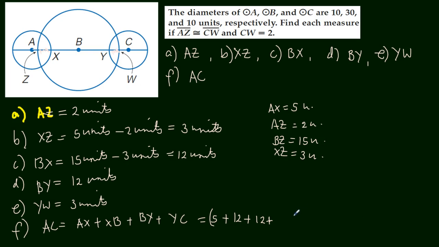Y to C is 5 units. Then we have 24 plus 10, that is 34 units.